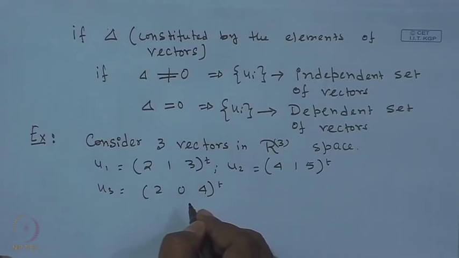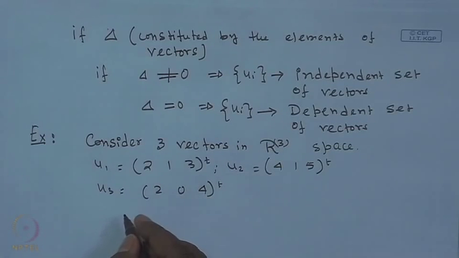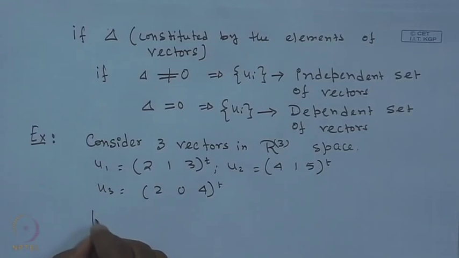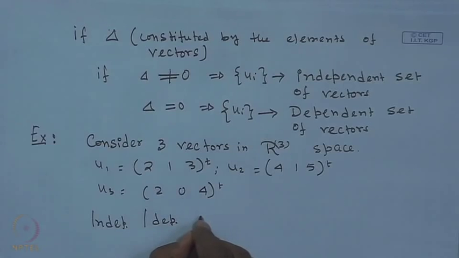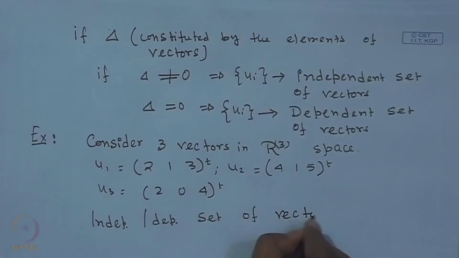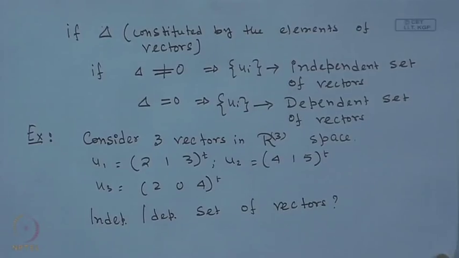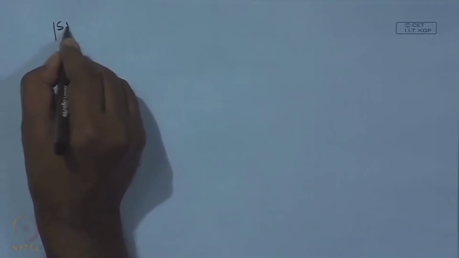Then we just change the last element of the last example, and we have to check whether they constitute an independent or dependent set of vectors. So, we check both the methods to determine what the answer is for this problem.